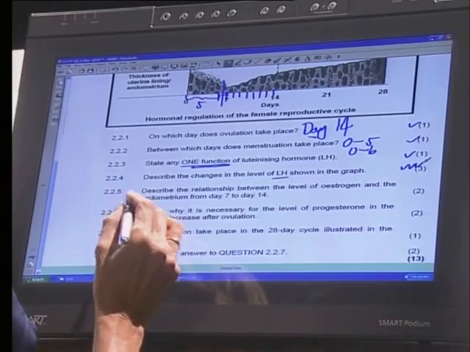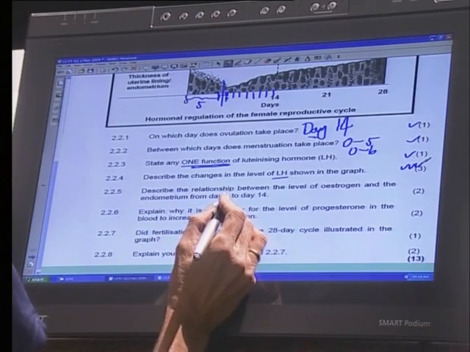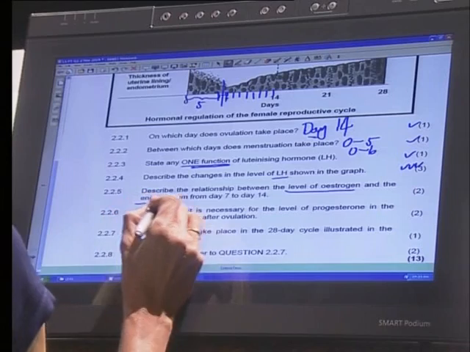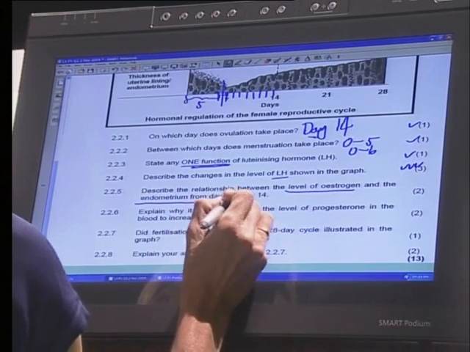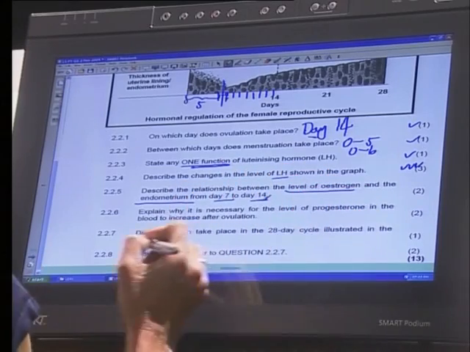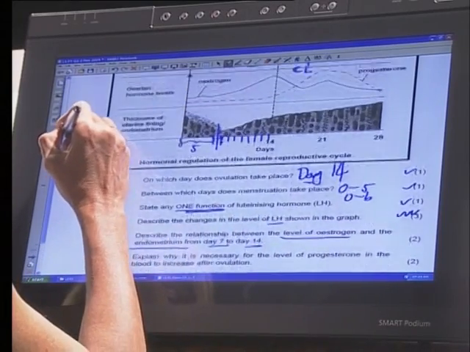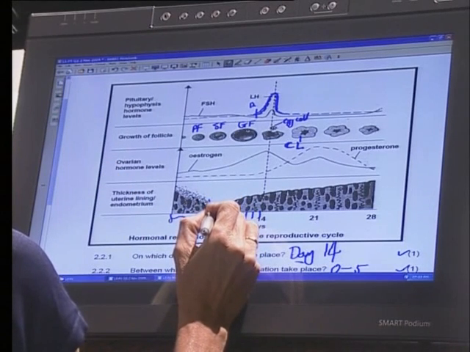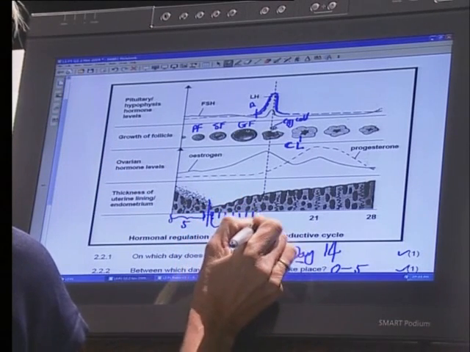All right, now, describe the relationship between the level of estrogen and the endometrium from day 7 to day 14. So let's look at this period here, from day 7 to day 14.